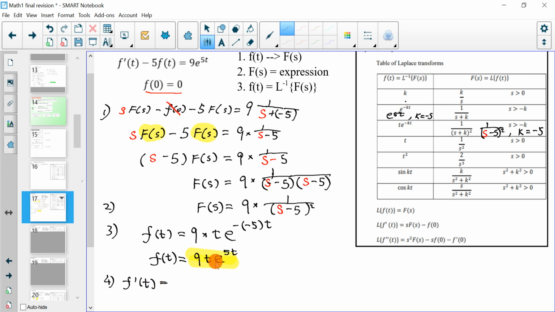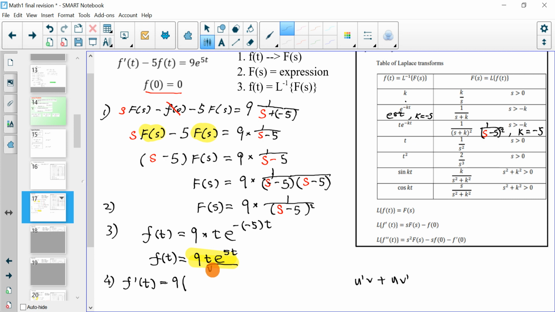I should have a product rule. So 9 times the derivative of this product, which, if you remember the product rule, is u prime v plus u v prime.